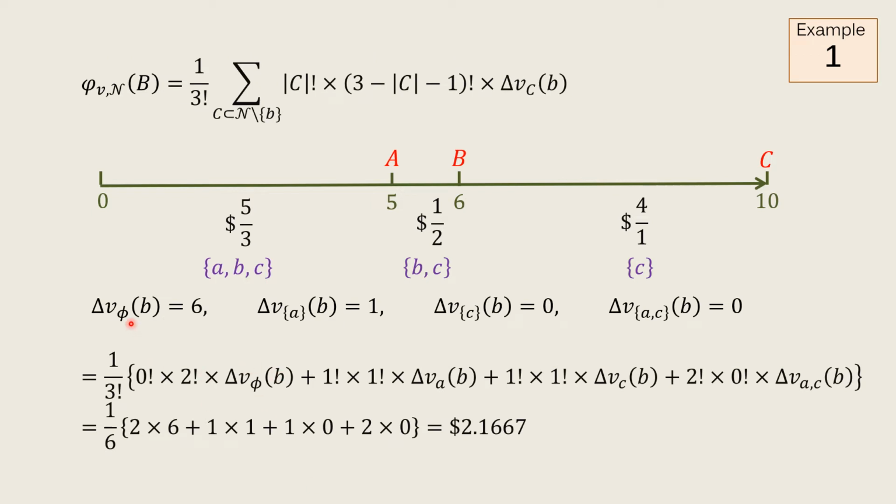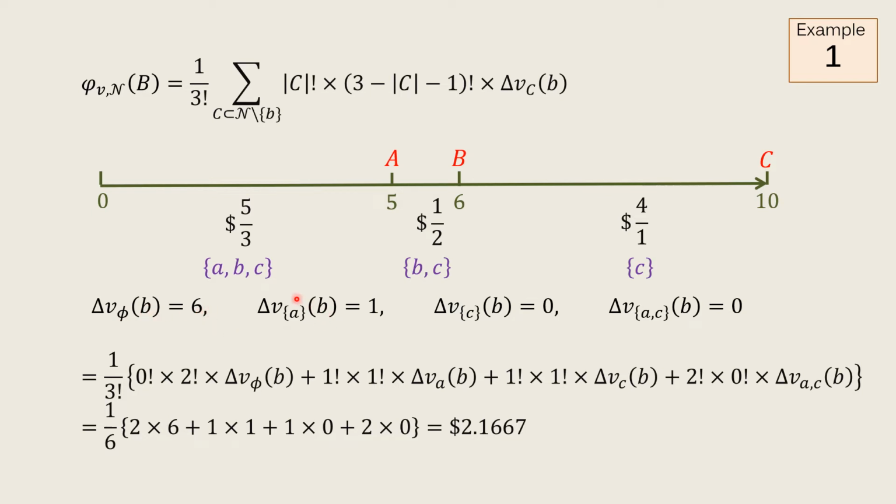Suppose we begin with the null coalition and agent b joins the coalition. For the null coalition, there's no taxi fare included, and when b joins the coalition, then we have to take a taxi from this point all the way to b, which is $6. So the marginal contribution of agent b to the null coalition is $6.